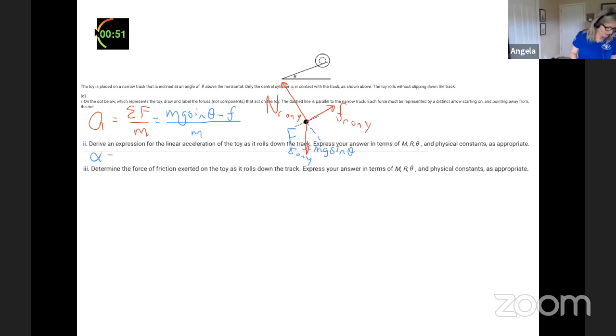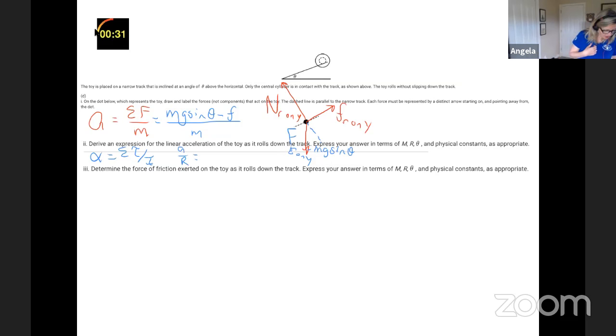We need to analyze the torques. So let's apply Newton's second law for rotation. And well, alpha is a over R, right? And then the torques, well, the only torque acting through the center of mass is the frictional torque.